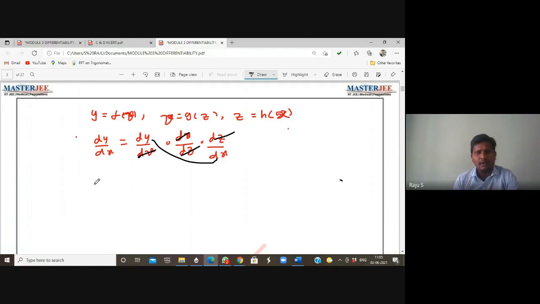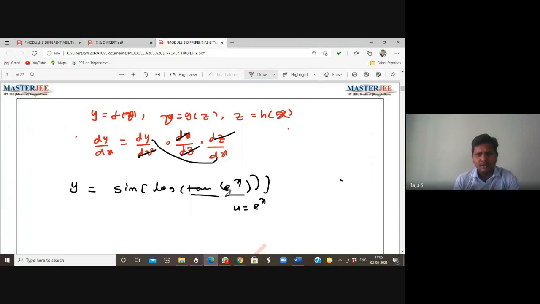For example, I'm taking the function sine of log of tan of e power x. I already explained about this. So here what I want to do is this e power x, whatever the function is there, I want to take as u is equal to e power x. Then this tan of e power x I want to take as v is equal to tan u, that is, e power x value is u.